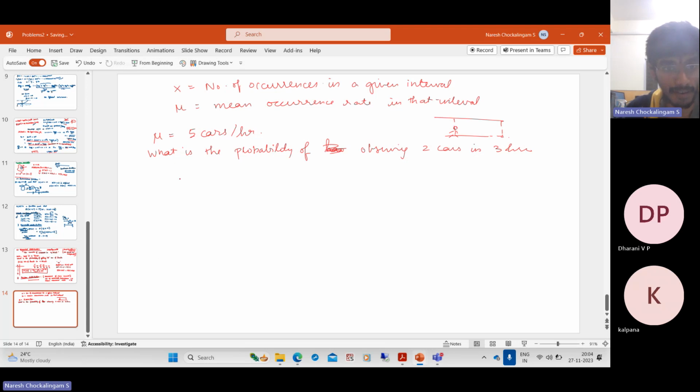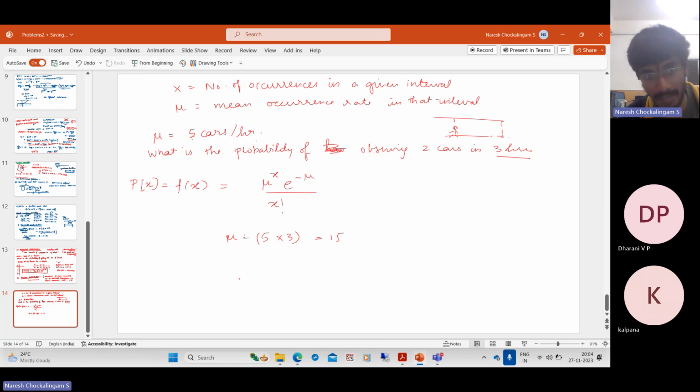In that case, the probability of the random variable x is defined as mu power x, where mu is the mean occurrence rate in that interval, times e power minus mu, divided by x factorial. It is 5 cars per hour, but we are looking at 3 hours. Therefore, mu is equal to 5 times 3 in this interval, so it is 15.